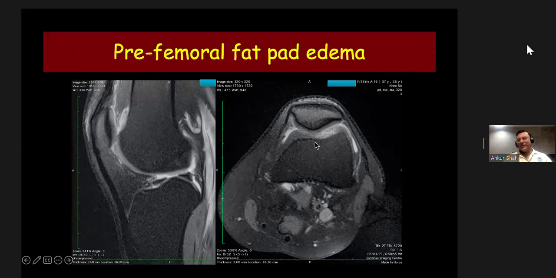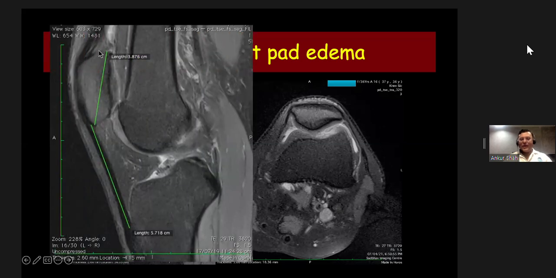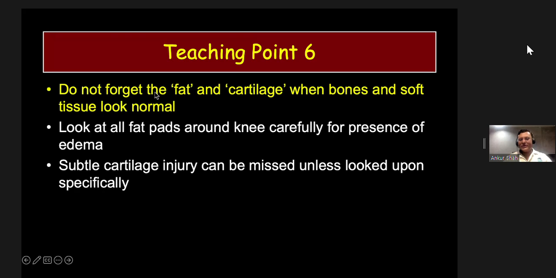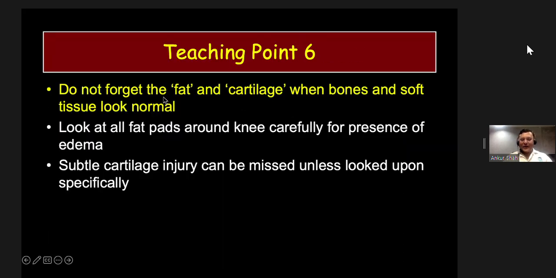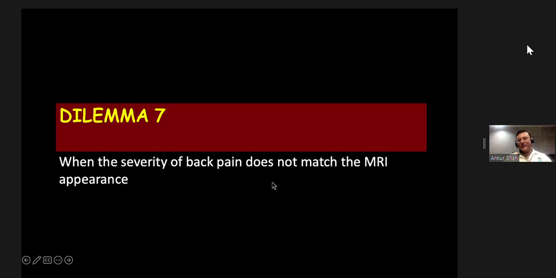When you see prefemoral fat pad edema, it can be because of abnormal movement, usually associated with patella alta, when the patella is in a higher position, and that can result in pain to the patient. So do not forget the fat and cartilage. When the bones and soft tissue look normal, look at all fat pads around the knee carefully for presence of edema, and subtle cartilage injury can be missed unless looked for specifically.